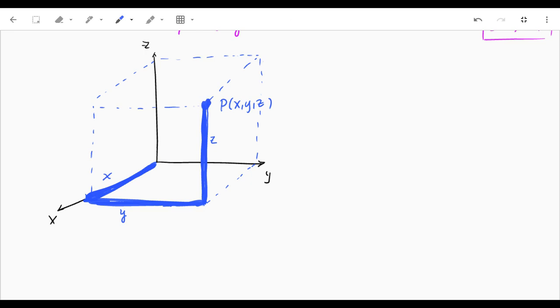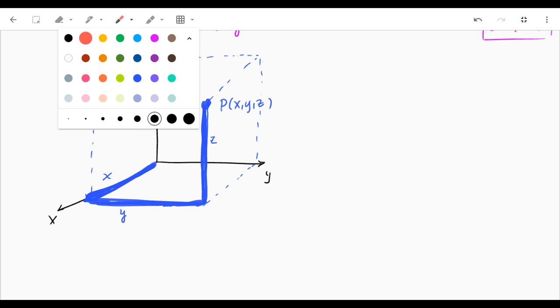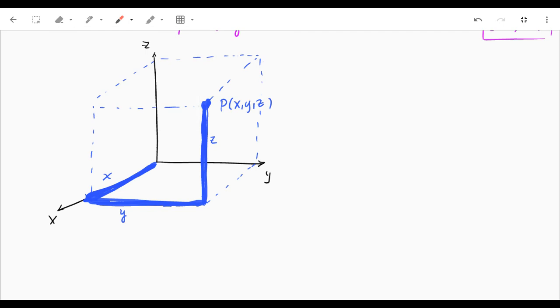All right. So now if you want to do the same point using our spherical coordinates, we would have our theta.